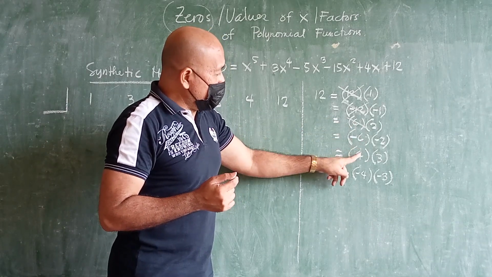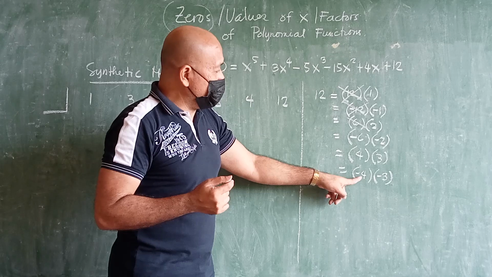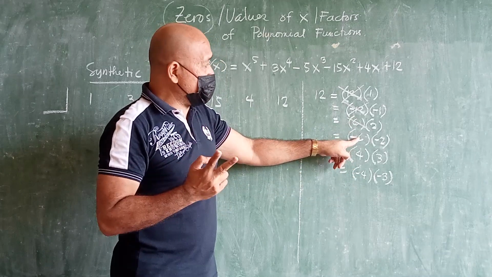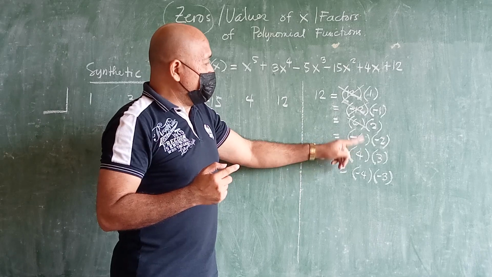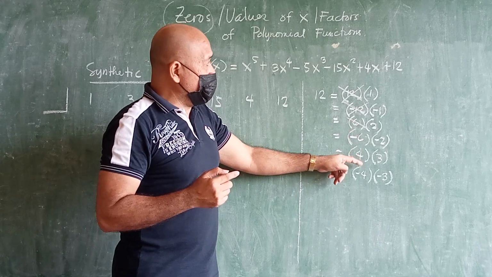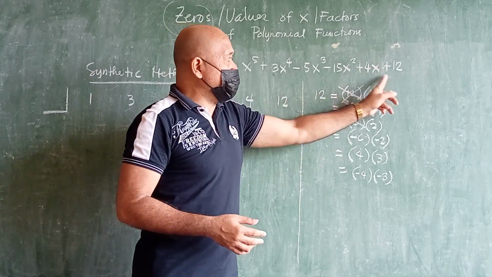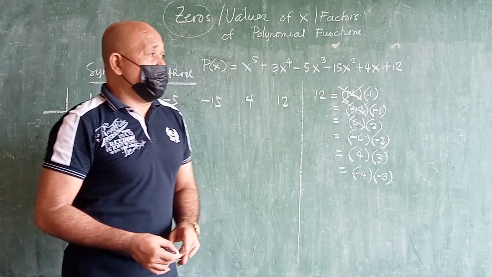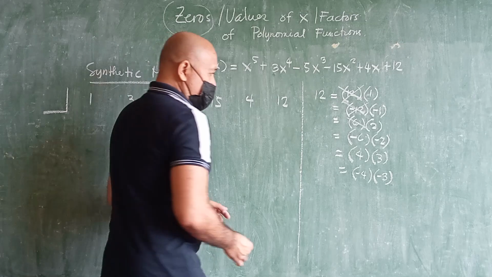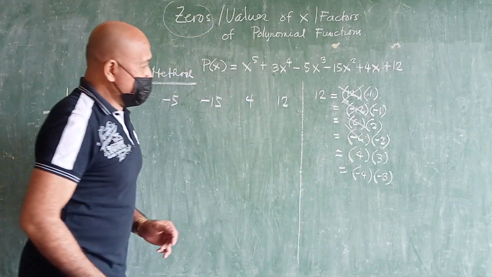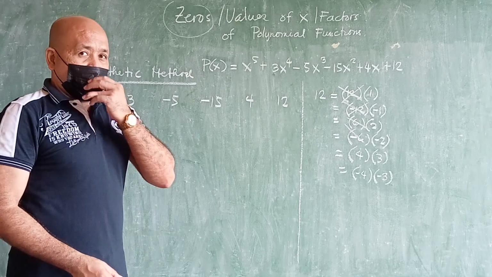Not by 6, not by 4. Because the result, when you multiply 6 and 6, that is 36. And when you multiply 6 and 4, that will give you 24. Bigger than the last digit, which is equal to 12.